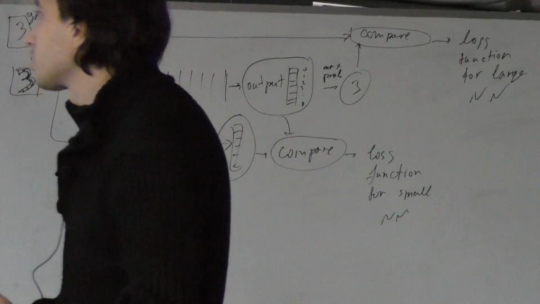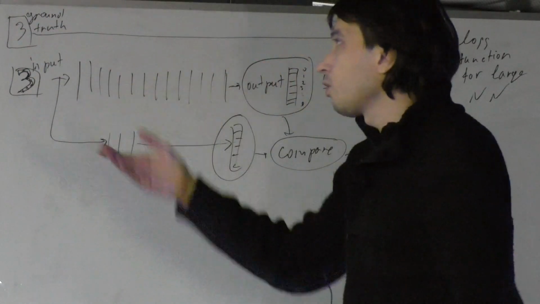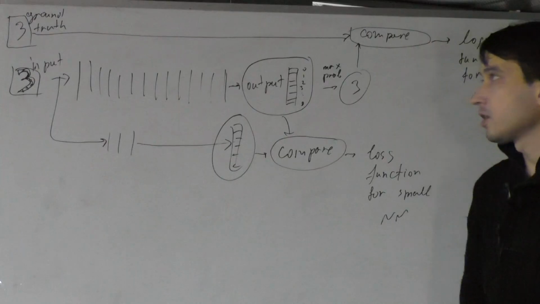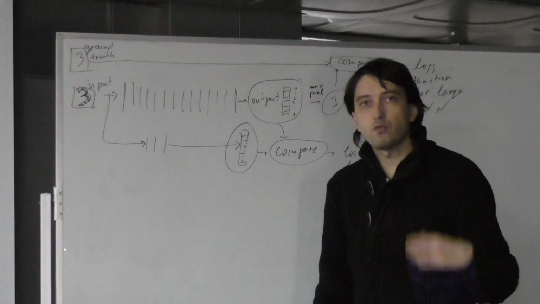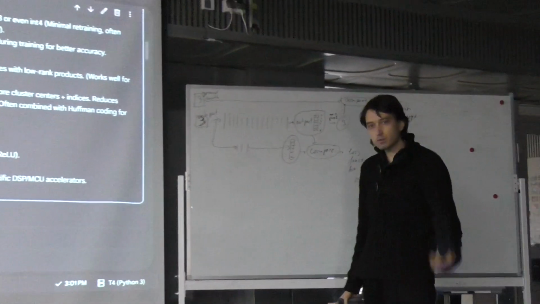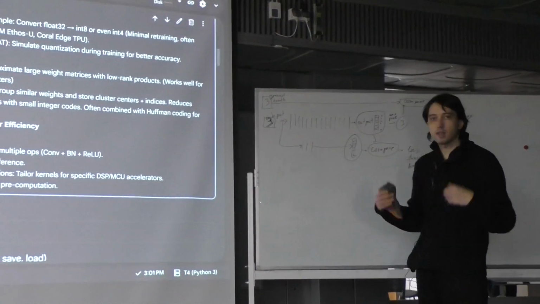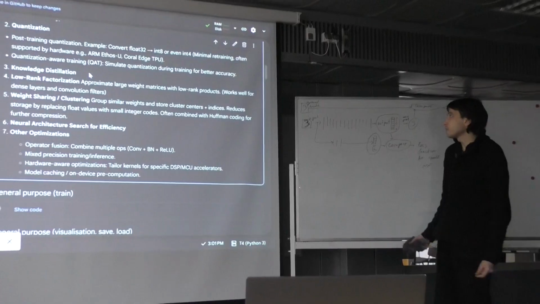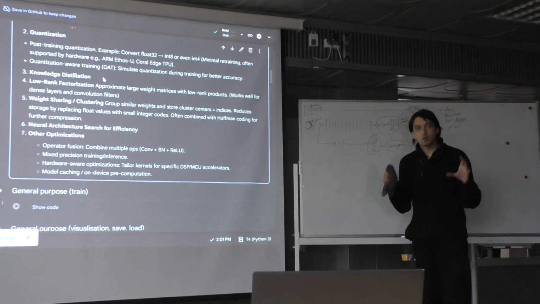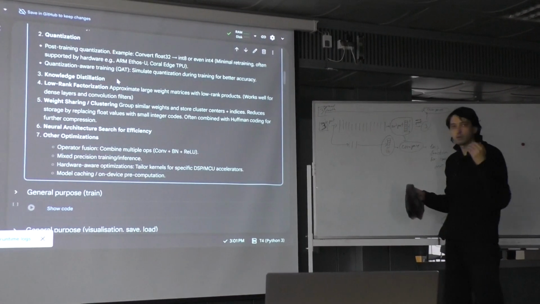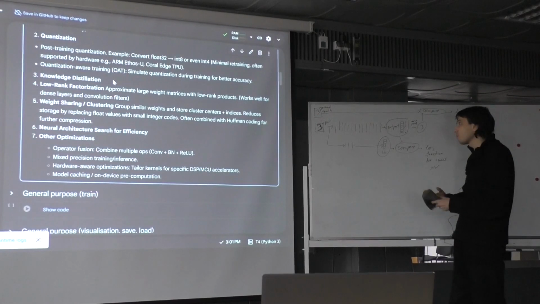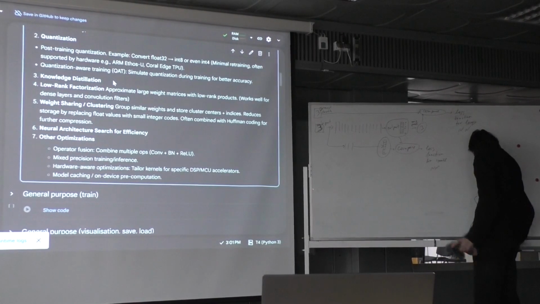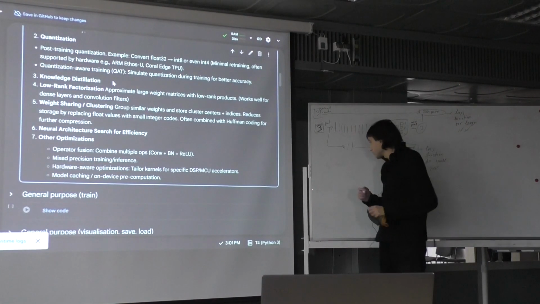Okay, what else do we have? Low rank factorization. When we are performing all these operations on neural networks, in some sense they are operations on matrices. So in some cases we may want to split our matrices into a product of two or more matrices with a lower rank. I hope you know what a rank is.